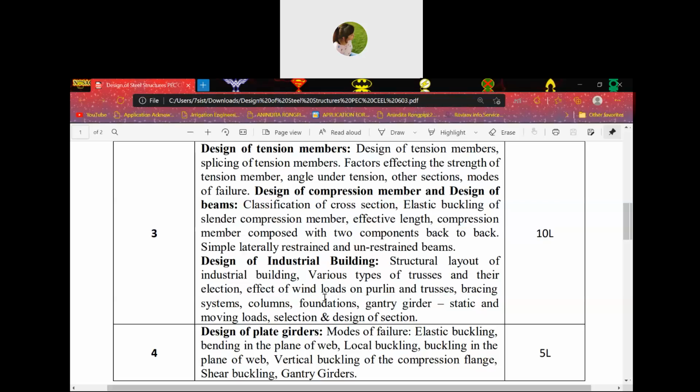Then the effect of different wind loads on the purlins and trusses of a steel structure. Then the bracing systems, columns, foundations, and gantry girder. Under gantry girder, we'll study static and moving loads. Then the selection and design of sections along with the selection procedure of an industrial building.